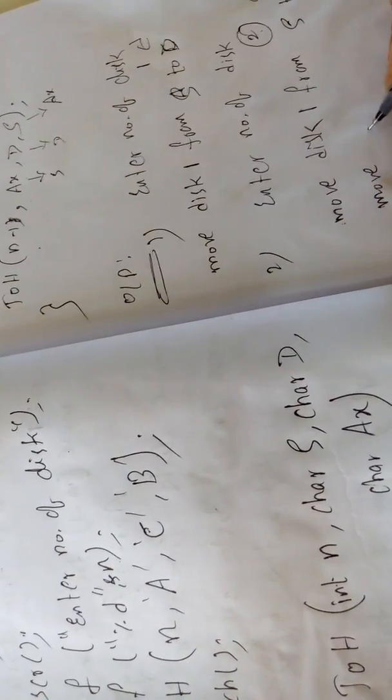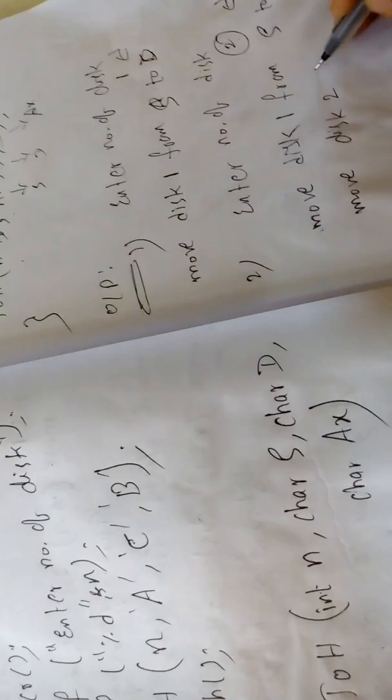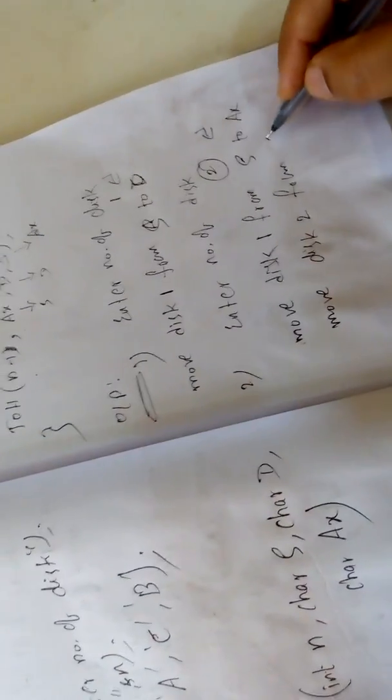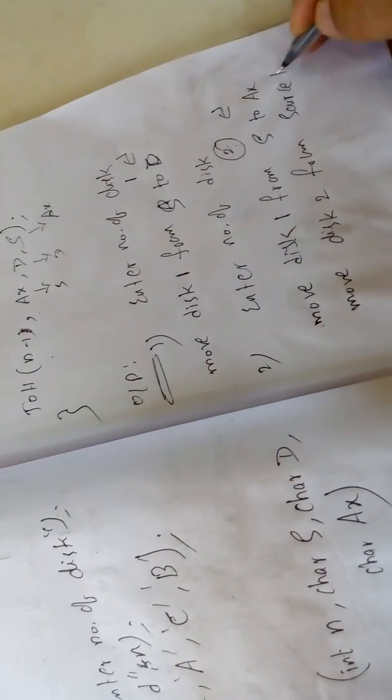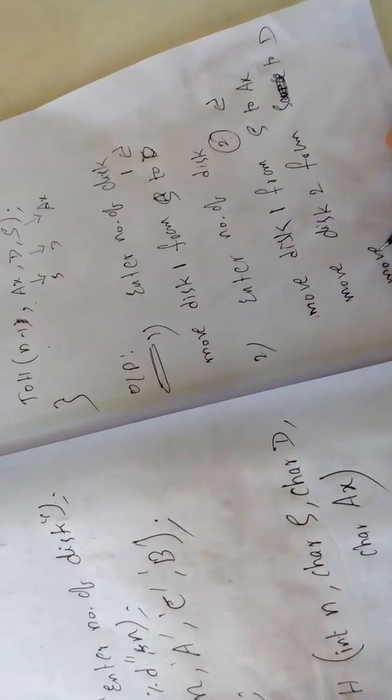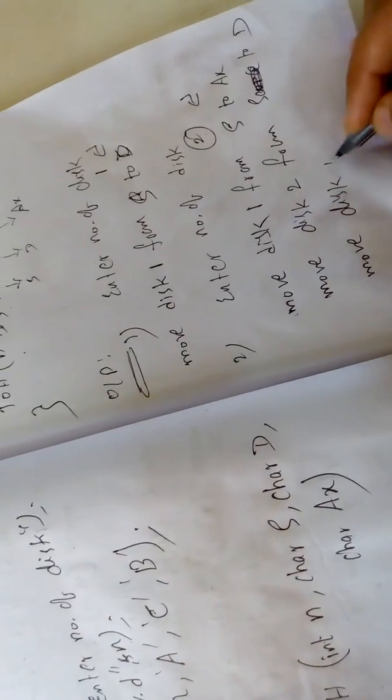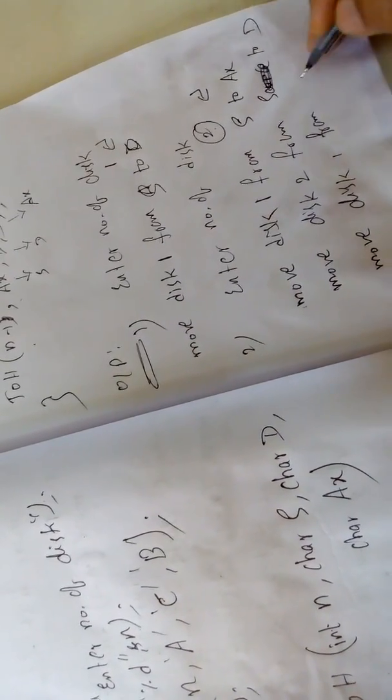Next, move disk 2 from source to destination. Next, move disk 1 from auxiliary to destination. In this way, we transfer the number of disks from source to destination. This is the Tower of Hanoi problem. Thank you.